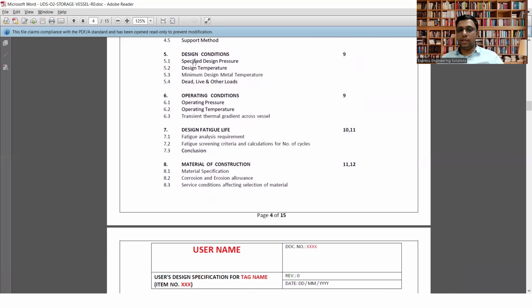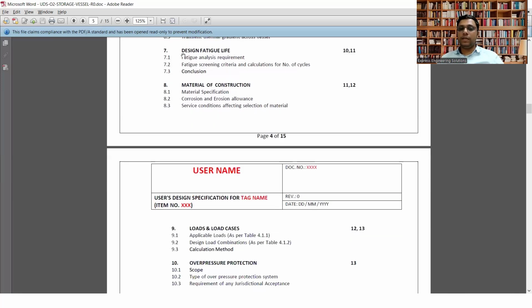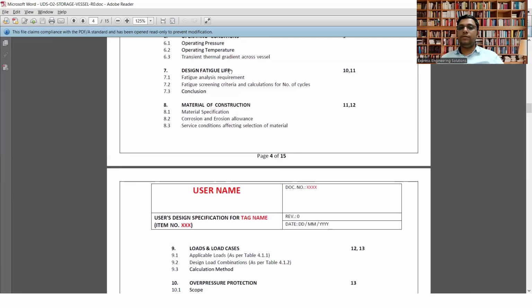Then comes the design condition. What is the design pressure, design temperature, the loads under which the vessel needs to be designed for design condition. Then operating conditions. During the operation, what would be the pressure, temperature, if there is any thermal analysis to be done, what is the actual thermal gradient, fatigue life assessment, then design fatigue life. So there is a separate section given for design fatigue life, what we have seen in the code as well.